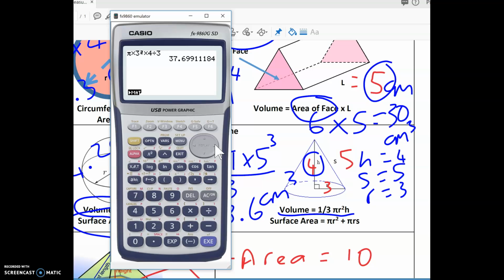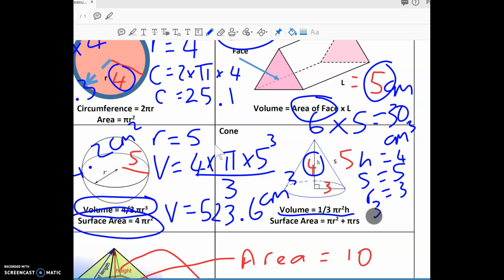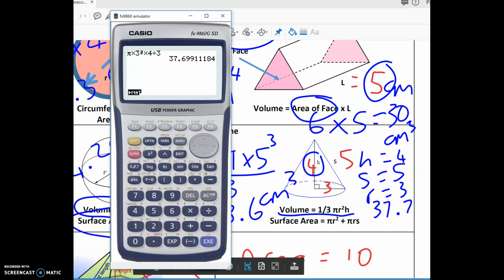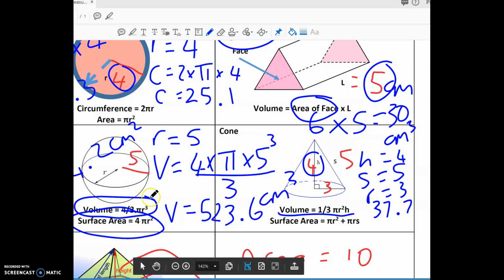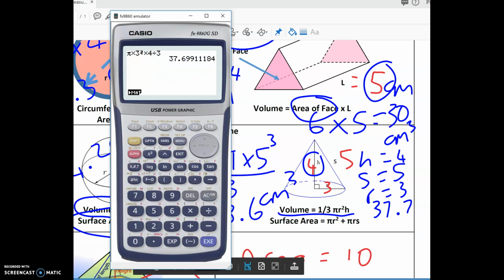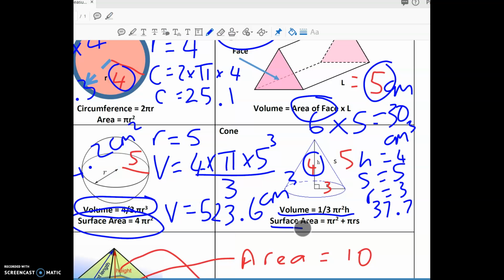So I've got 37.7 for my volume. Now, have I made a mistake there? That doesn't sound familiar. So, or maybe not very many people got to this. So my radius was 3. The radius was 3, so it's pi r squared height and divide by 3. That's correct.